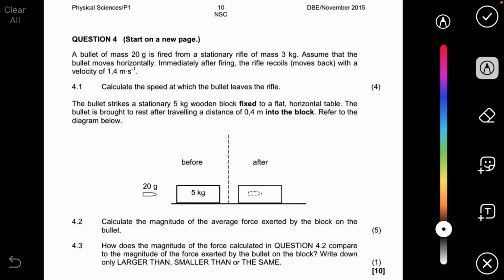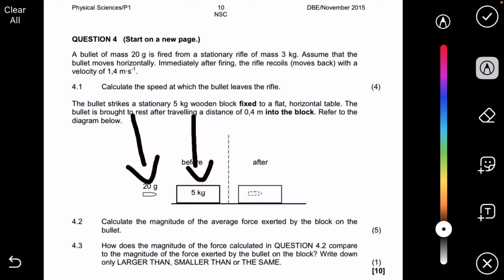I'm not really sure if there's a need for me to go deep into explaining this information, but let me just quickly do that. You can see, I think almost everything just makes sense. Remember, in this case, you've got a mass of 5 kilograms. You still have that same bullet.